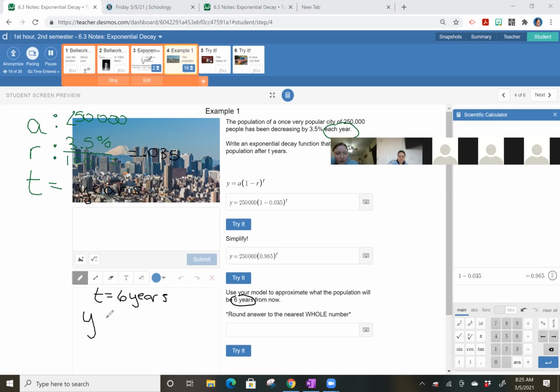So then we have the Y equals, and let's just plug that into the calculator. Some of you guys made this mistake yesterday. There is no Y equals. It's just that part.